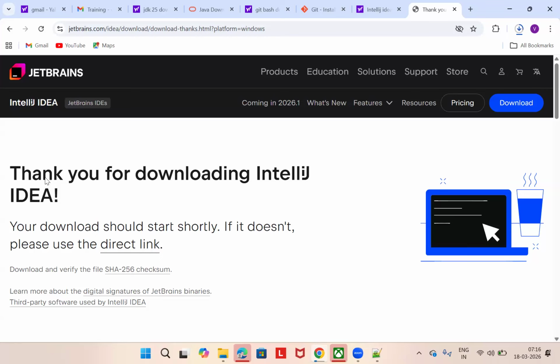Got it? You need not pay even a single rupee for that. Is that automatic? It's automatic.